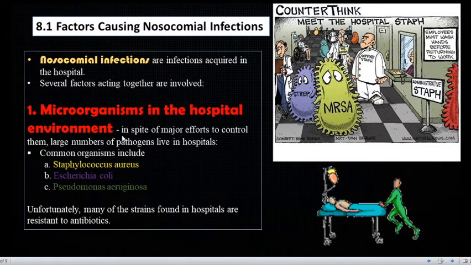Okay? So, in spite of major efforts to control nosocomial infections, large numbers of pathogens actually live inside the hospital. So, this is very expected. Expected mo na ito siya kasi nga, the hospital contains different types of patients with different types of diseases. And one of those patients will have infection.